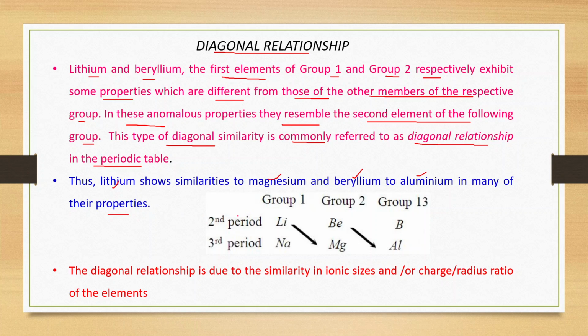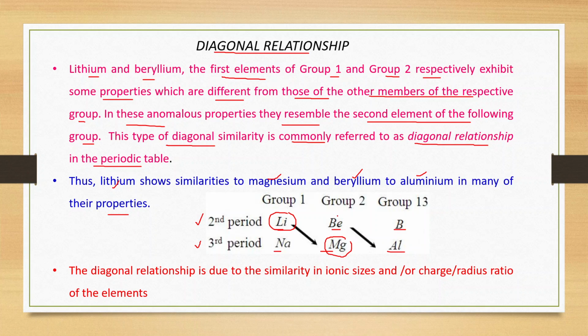You can see these are the second period elements, lithium, beryllium, boron, and so on, and these are third period elements, sodium, magnesium, aluminium. Lithium, the first member of group 1, shows similarity in many properties with magnesium, as these two elements are diagonally situated.